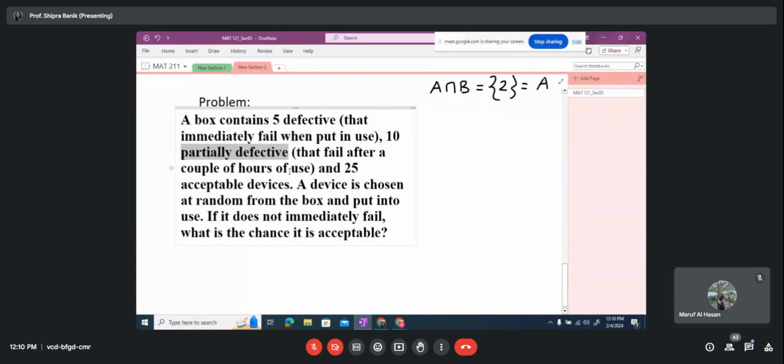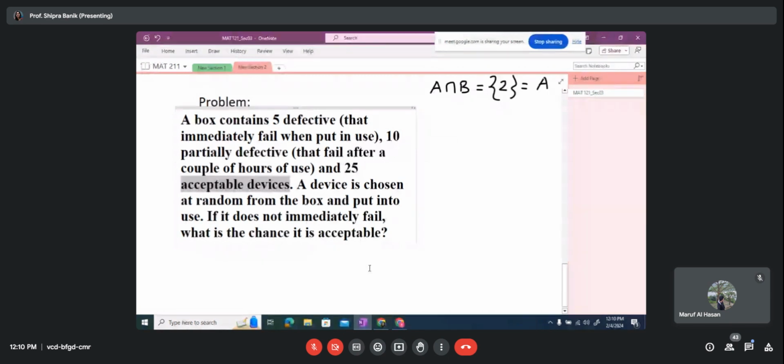That means sometimes, as you have all experienced, you started to do work with some device and after some time it is not working. In the beginning it was fine, but after that it is not working. That classification they are telling us as partially defective. And also we have 25 acceptable devices.